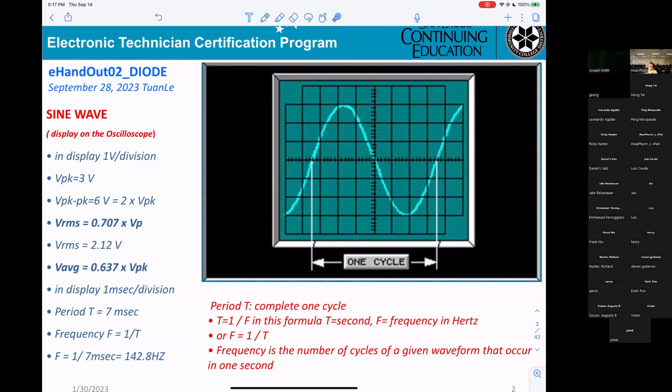That means a long time ago. So the new oscilloscope in the lab can measure the frequency for you. They can measure the VRMS for you. Simply, they use the formula to calculate and display for you. However, the cost will be higher. Okay.